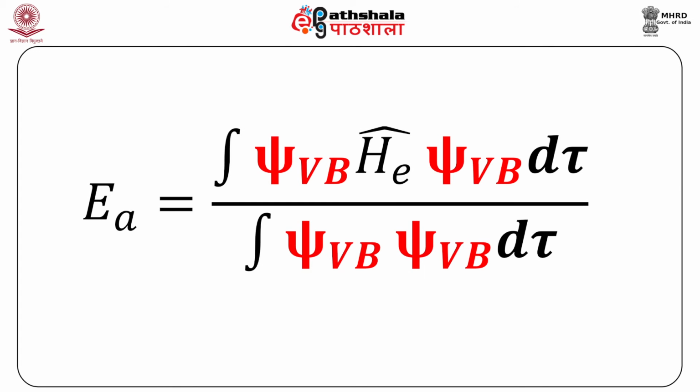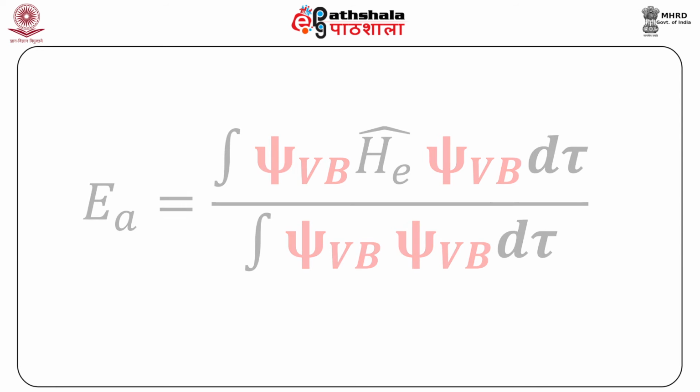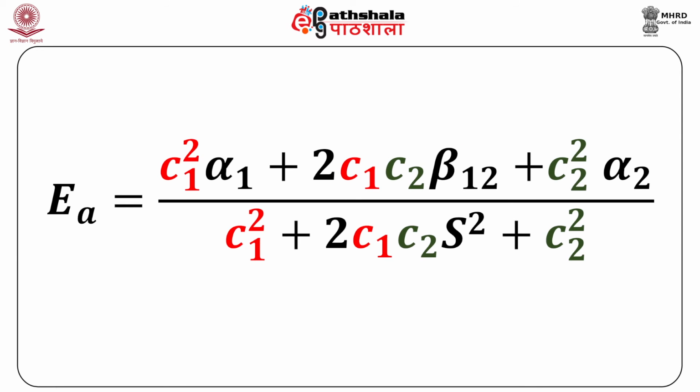Then we calculated the energy for the hydrogen molecule using the variation principle. This was the expression which we used, and on simplification it gave us the corresponding energy EA, equal to C1 square alpha 1 plus 2 C1 C2 beta 1 2 plus C2 square alpha 2, divided by C1 square plus 2 C1 C2 S square plus C2 square.